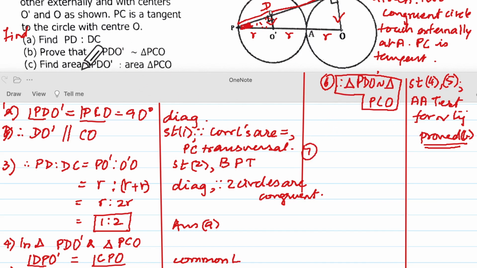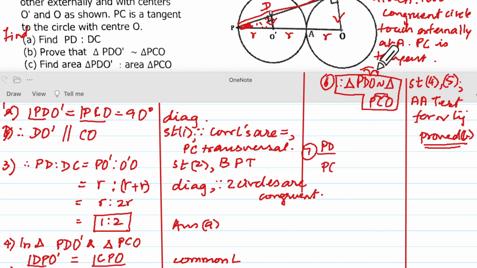Now we come to find the area of this, area of this. For the area we will need first corresponding sides ratio, no? So we will now say therefore PD upon PC. You know how to do umbrella, correct?